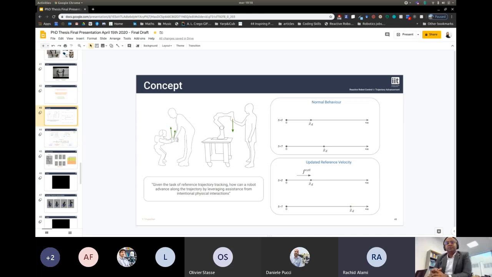And then the trajectory advancement comes here to help the robot, if it is correctly equipped, to perform its task. Of course, if the robot is agnostic of this, it will compensate and not take benefit. If it uses your scheme, it can take benefit of this trajectory advancement.